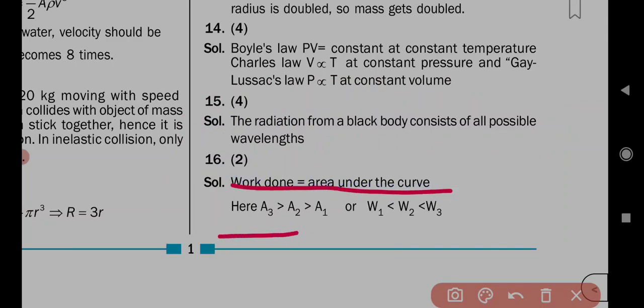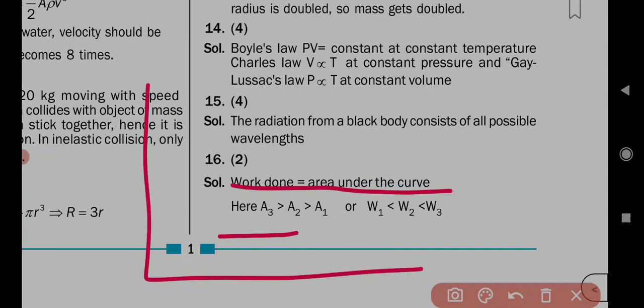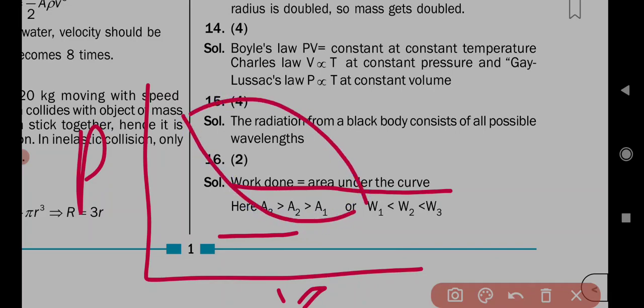Work done is the area under the curve. So look at this question. This is the curve given, this is pressure, this is volume, a PV curve, and the area under the curve is given like this. This is 1, this is 2, this is 3.